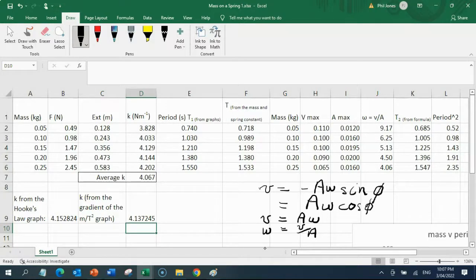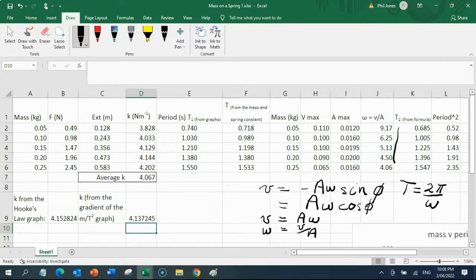This is the column here that we have of these figures. Now, from that, we can use the equation that t, the period, is equal to 2 pi on omega. So once we've got omega, we can then divide omega into 2 pi to get another value for the period.